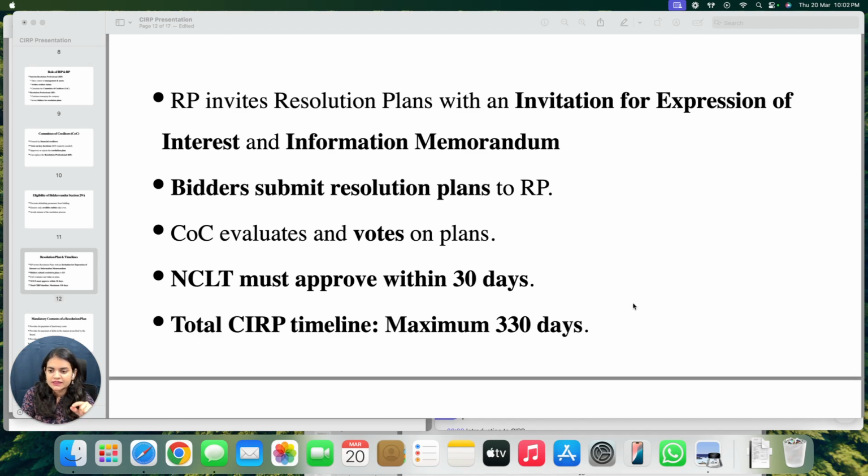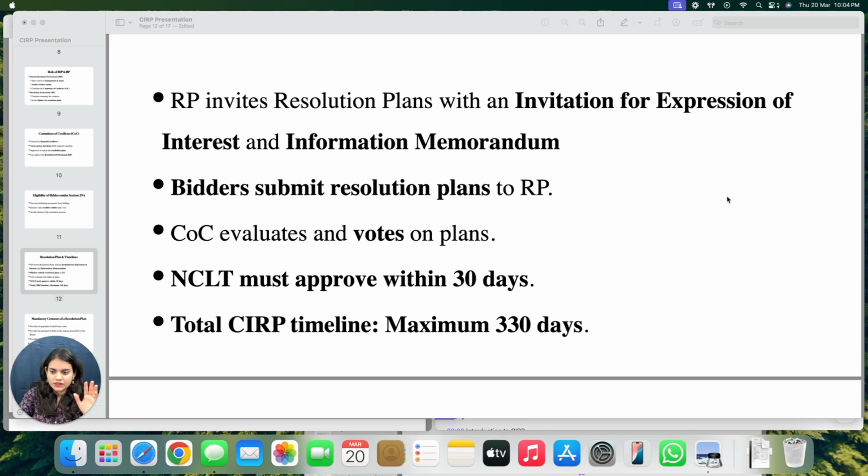Once the resolution plans are provided, each of the PRAs will be given an opportunity to present their profile and their resolution plan, including its financials, to the members of the COC. Then, in the meeting, the COC members may interact and negotiate with the PRAs as per their commercial wisdom.